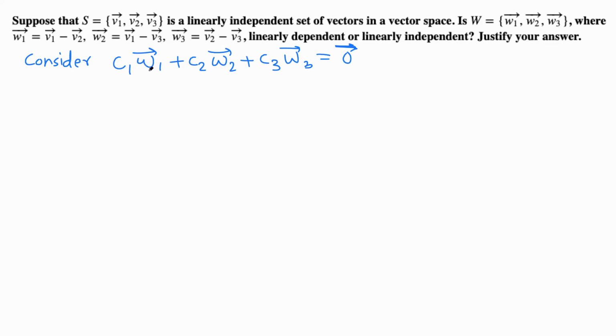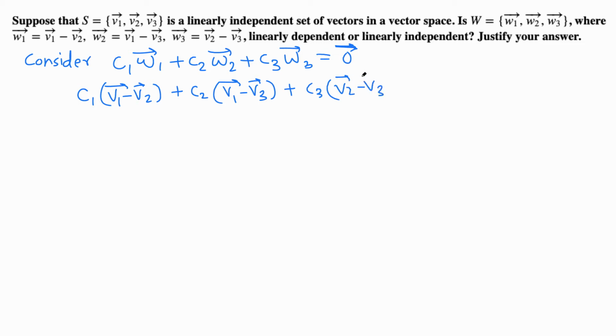Now we're going to plug in the values of w1, w2 and w3. They are given here. So c1 w1 is given, v1 minus v2, plus c2 w2 is given, v1 minus v3, plus c3 w3 is given, v2 minus v3, that equals 0.